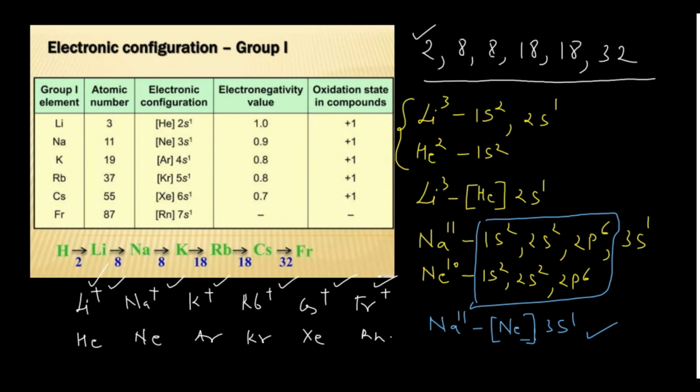Only one electron is present here, so you can remove it very easily. That's why the alkali metals show the +1 oxidation state. The relatively simple chemistry of the alkali metals is probably due to the ease with which their valence electron can be lost from the outermost shell in order to achieve the noble gas configuration.